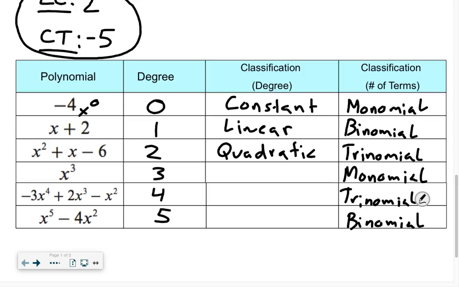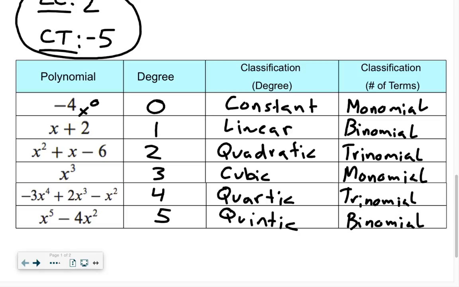Exponent of 3. Any guesses? Cubic. Degree of 4. That is called a quartic. And degree of 5 is quintic. So 4 and 5 are really close to one another.